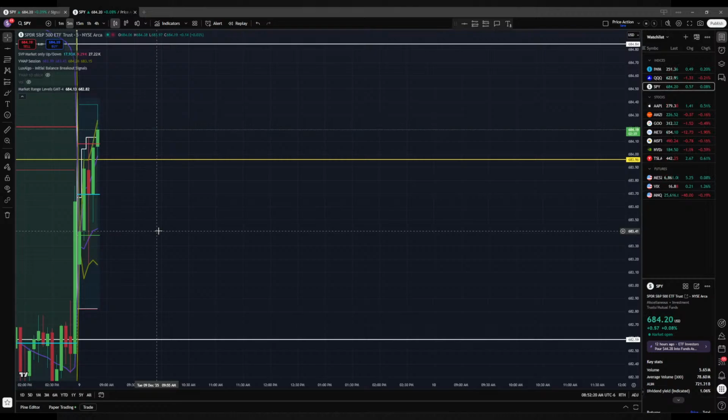Because this candle's been super bullish. Now we'll see if it starts creeping back at the close of the 5-minute candle. So halfway through, 2.5 minutes left. See if it can hold it. Looks promising.